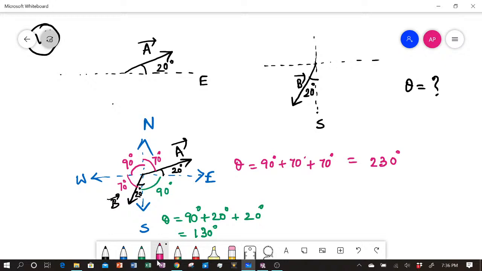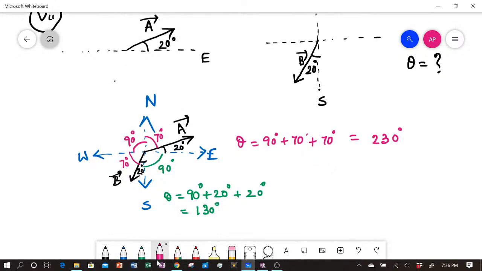Now, which is the correct answer? Which would be the correct answer? Is it 230 degree or 130 degree? Come on, tell me. Which one should be the correct answer? Megha's answer is 130 degree. Okay, Megha's answer is also 130 degree.